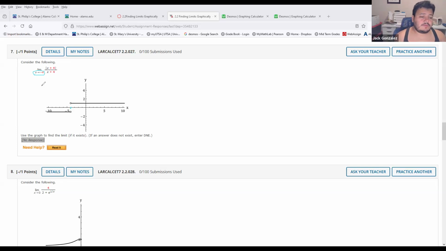Why is there no limit? Because you've got to explain yourself on the test. From the top you've got +1 and in the bottom you've got negative. So from the right side, the limit from the right is 1, which is not equal to the limit from the left. They must be equal. Otherwise, there is no limit.